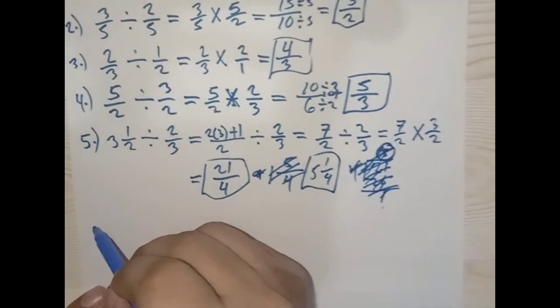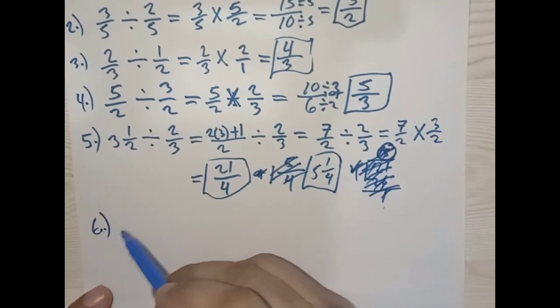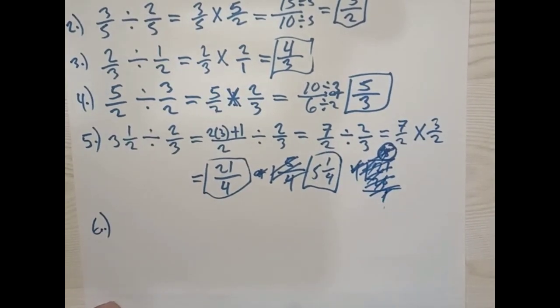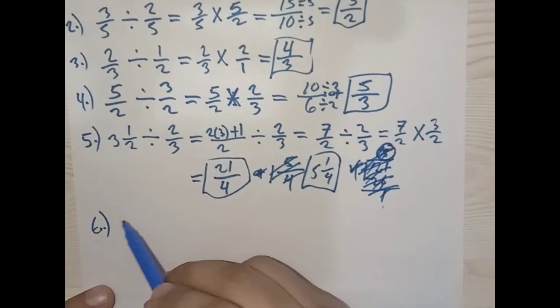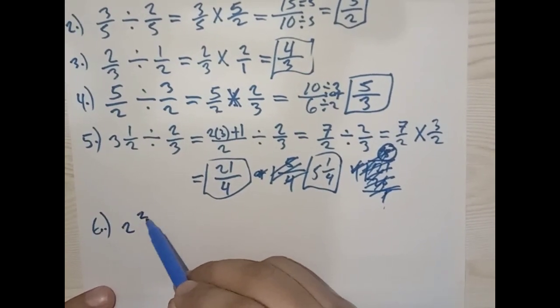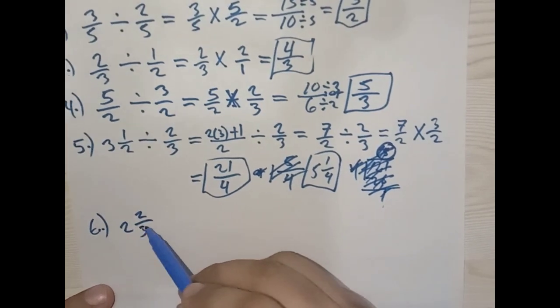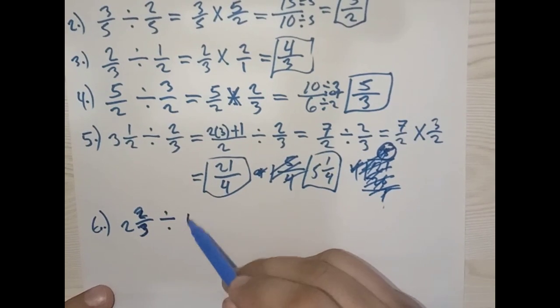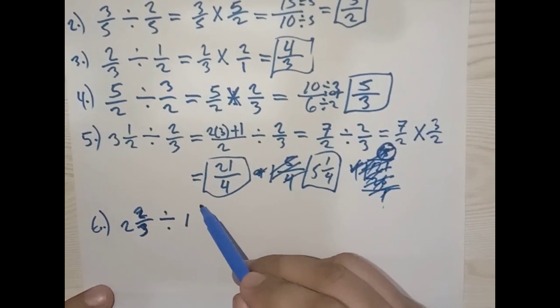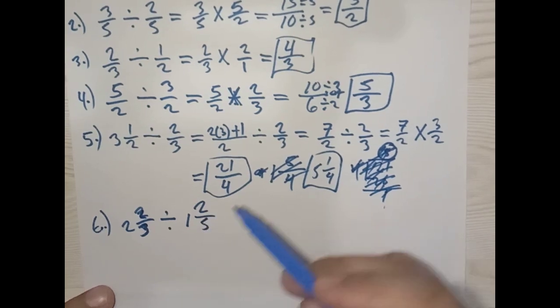Another example, number 6. So, if we're going to divide two mixed number, okay? So, for example, 2 and 2/3 divide 1 and 2/5. Okay.